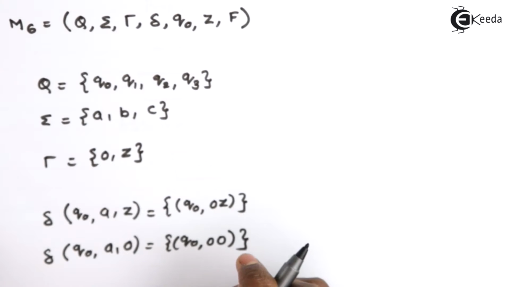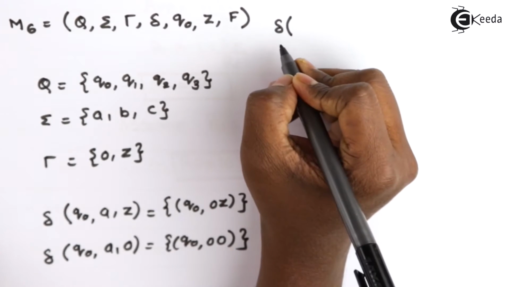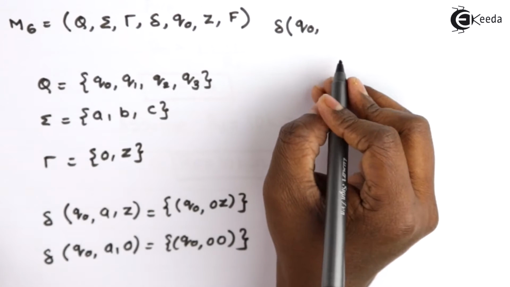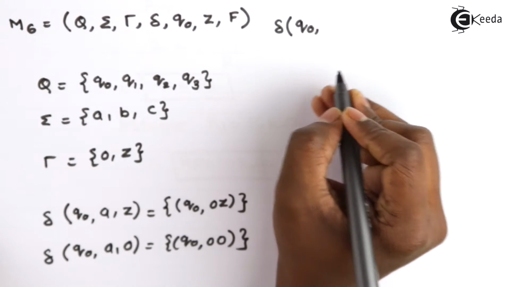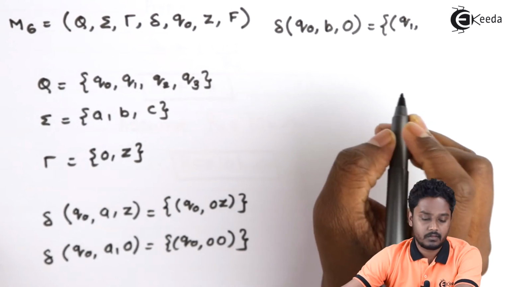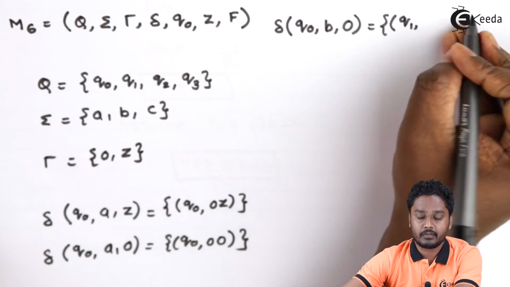Similarly, let's fill in the other transitions. Delta of Q0 on a B with 0 on the top of the stack. We'll go to the state Q1 by pushing one more 0 onto the stack.